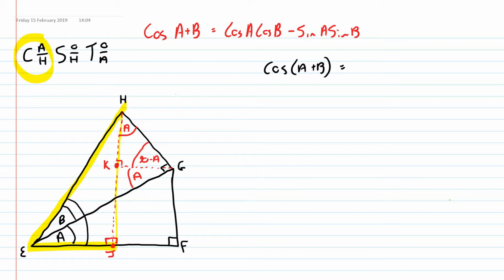In relation to angle B plus A, that's the opposite, that's the adjacent, that's the hypotenuse. So over here, the adjacent is EJ. The hypotenuse is EH.